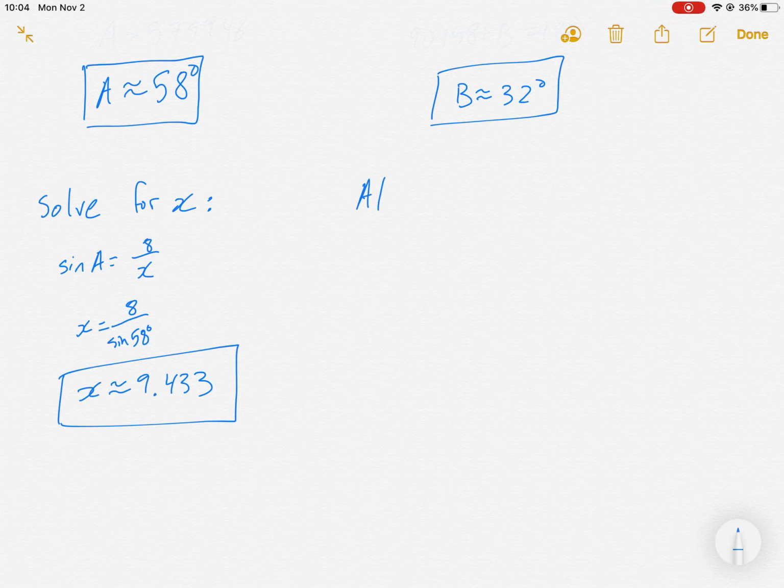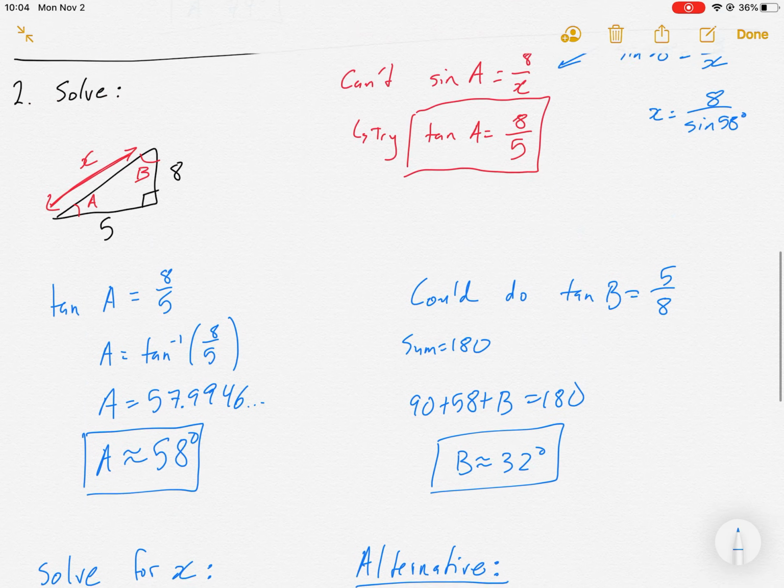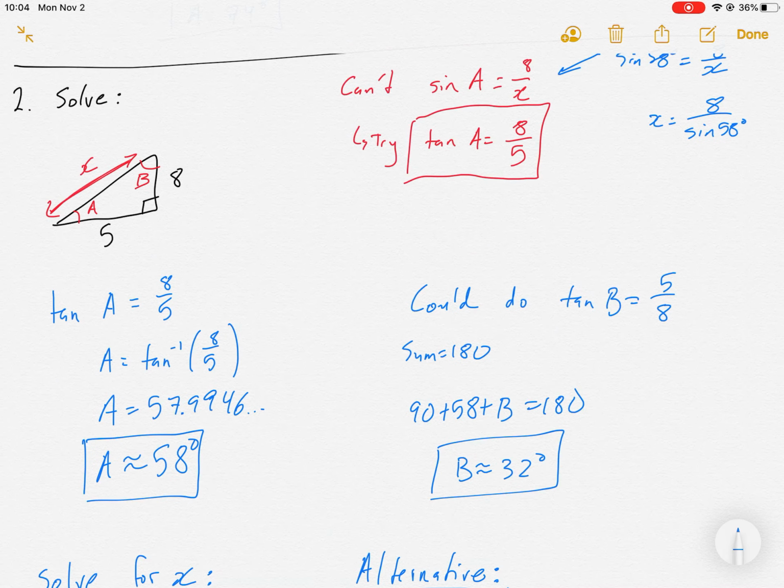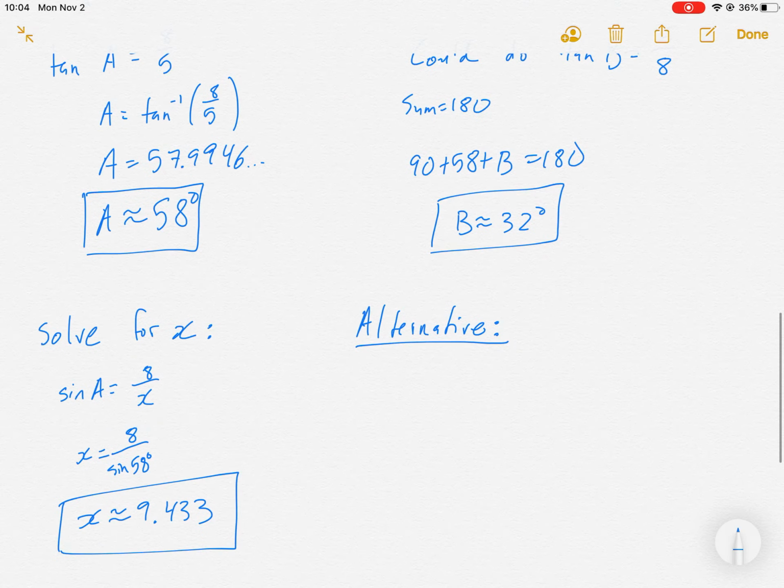An alternative method, and maybe you already saw this even before I started the problem off. Notice we have two sides. We have the 5 and we have the 8. And to get the third side, we could just say, well, 5 squared plus 8 squared has to equal X squared.